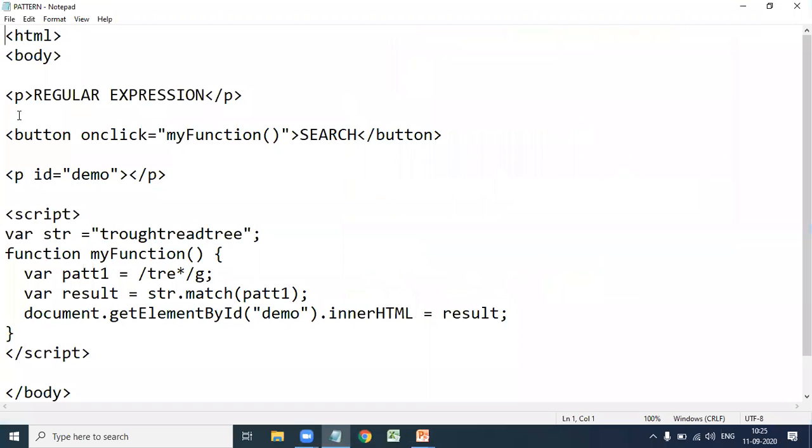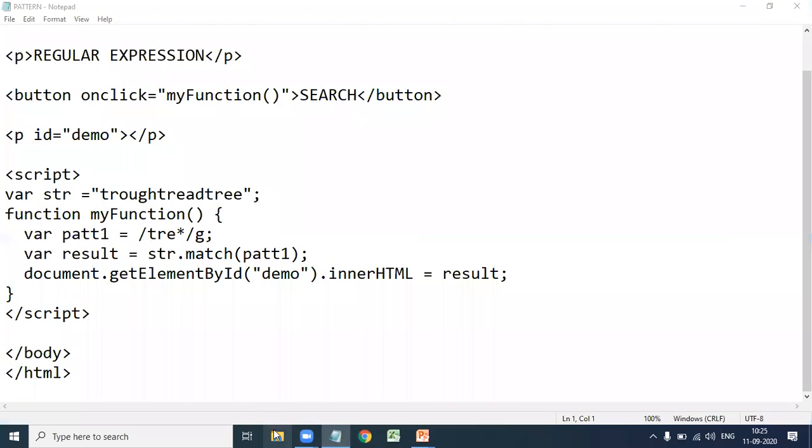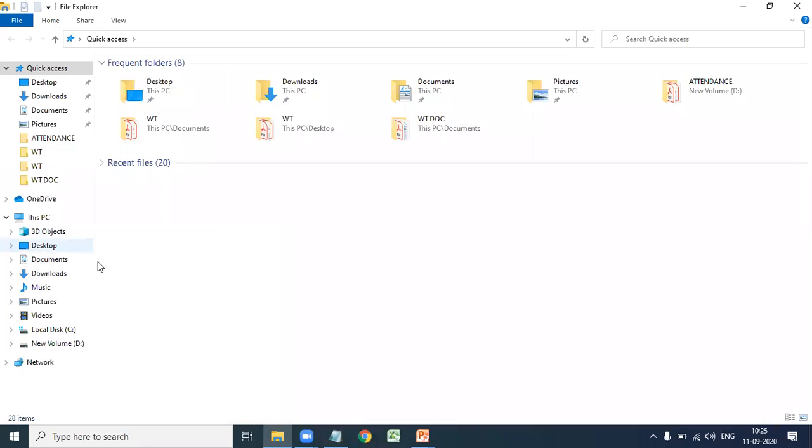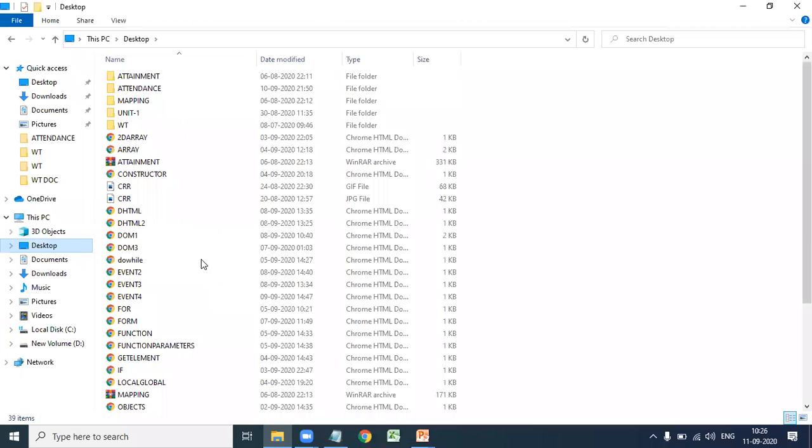Let us see the first one, that is the asterisk meta character.